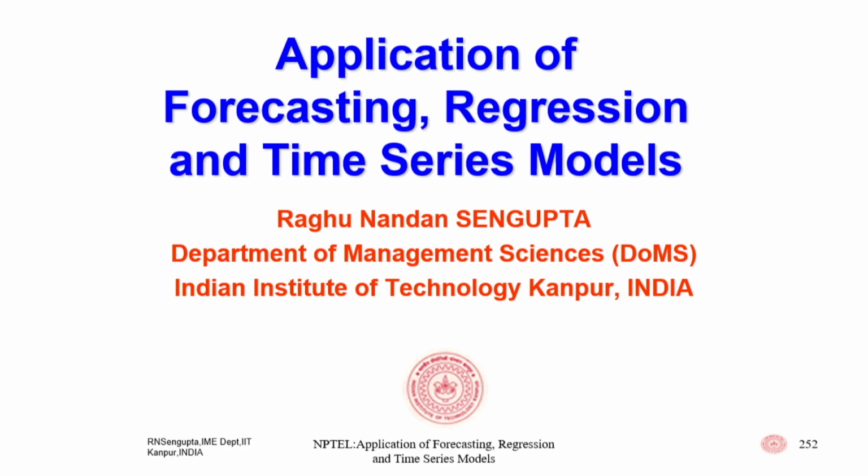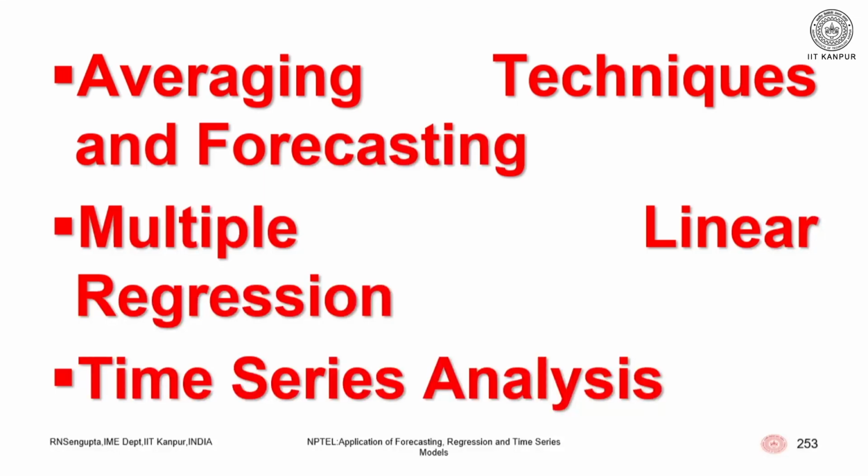As you are aware, the three main topics being covered in this 60 lecture, 30 hour course, with 5 lectures each week of half an hour each, are: number 1, averaging and forecasting techniques; number 2, regression models.